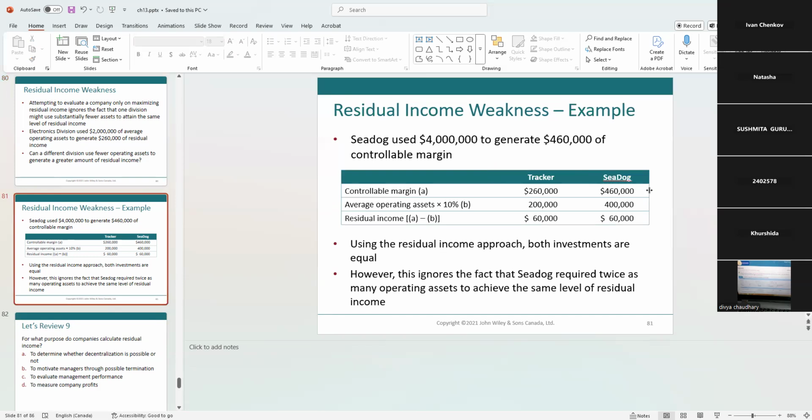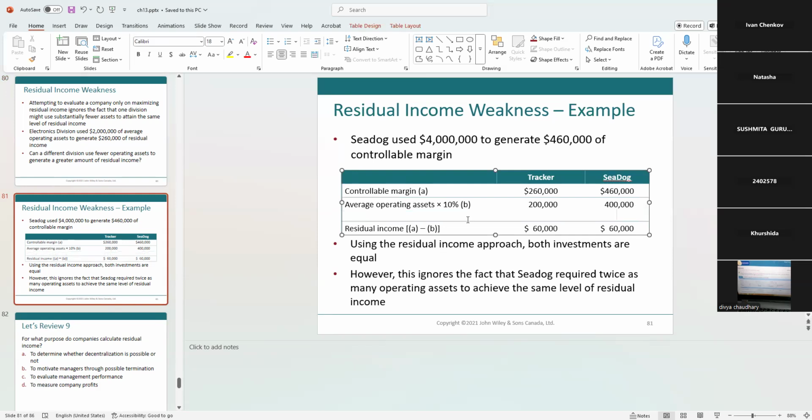Now, based on the assets only, let's add a new column. So they're generating 10%, but our assets here are $2 million. See, our assets are $2 million. In this case, our assets are $4 million.